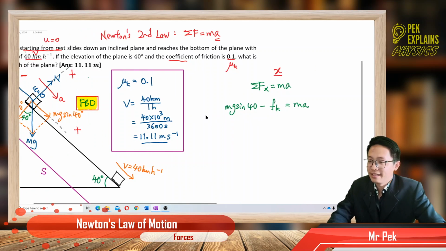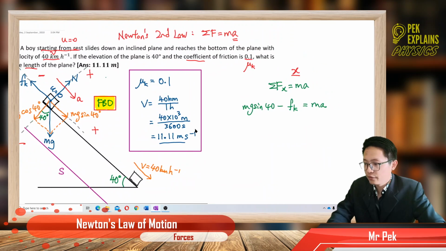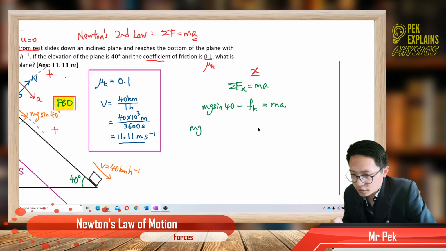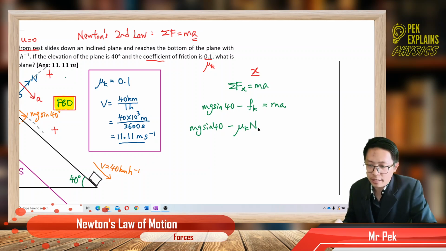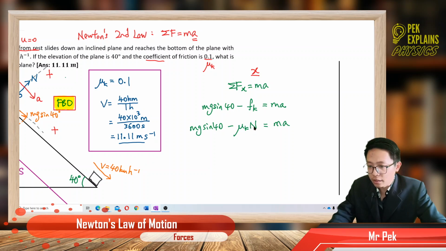Now, what's the formula for friction? Let us write mg sine 40 minus mu k N. Friction is mu N. Here we need to find the normal force.